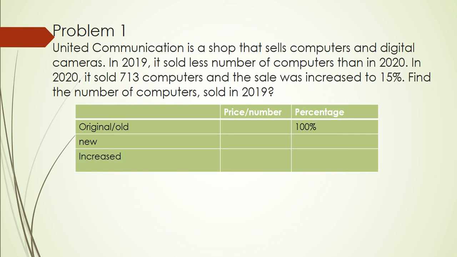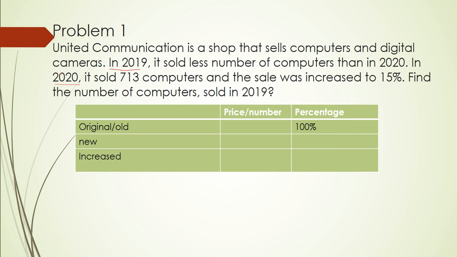Now, what we can see here is that there are a number of numeric values present in the problem. Don't get confused. We have been given 2 years, 2019 and 2020. And there is some information. They said that in 2019 it sold fewer computers than in 2020.